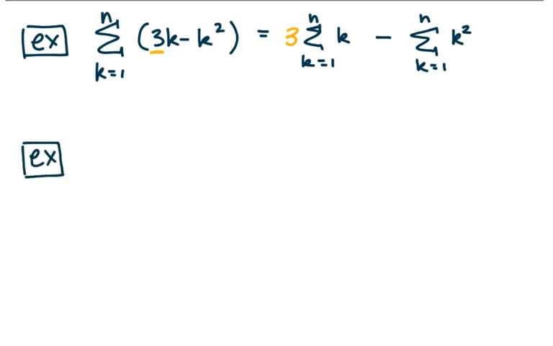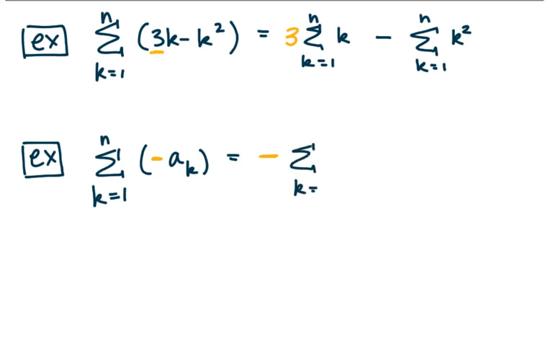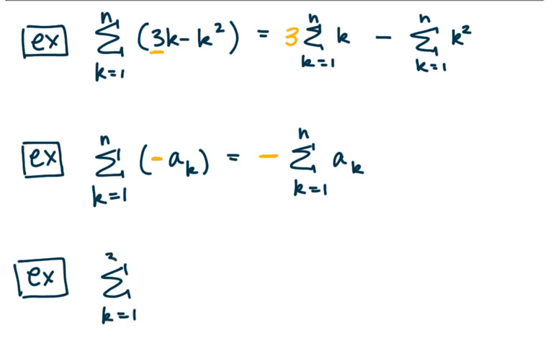Another example, if I had k equals 1 to n of negative a sub k. So I just like to point out that that negative is a constant multiple and could come in front of the sum. And my last little property here, we could say k equals 1 to some finite value 3 of k plus 4.